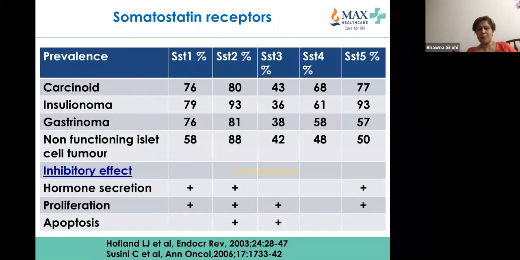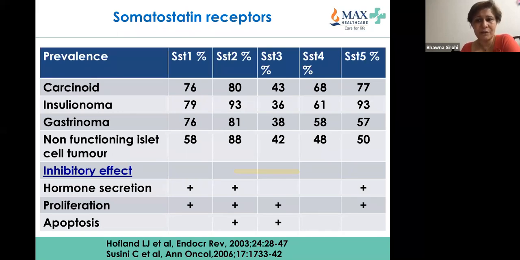So I'll now come on to the somatostatin receptors, where 80% of most neuroendocrine neoplasms will express somatostatin receptor 2. And these are the various types of NENs which show the level that they are expressed.